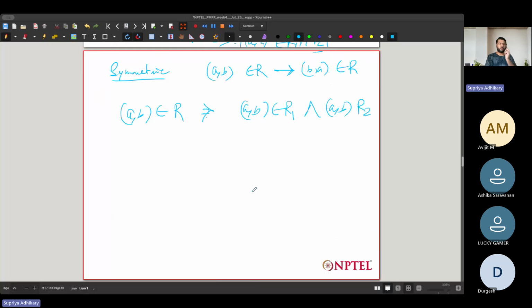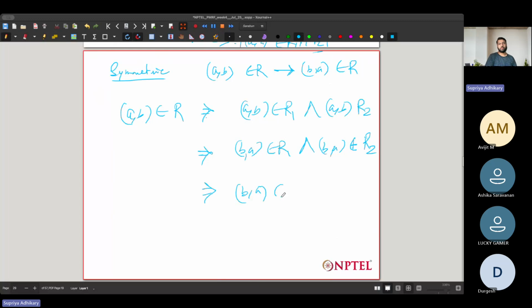Now, if AB belongs to R1, that should imply that BA belongs to R1, since R1 is an equivalence relation, and BA should also belong to R2. So this implies that BA belongs to R1 intersection R2. So we started with AB in R, and we have ended with BA in R. So this is also a symmetric relation.